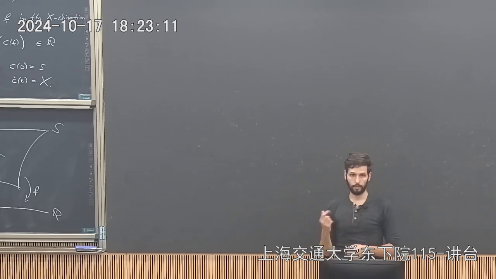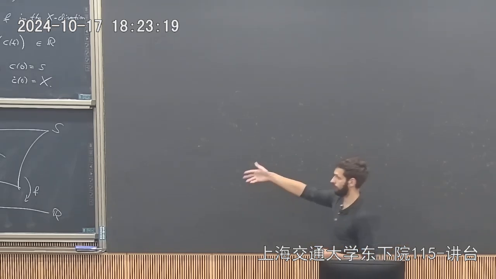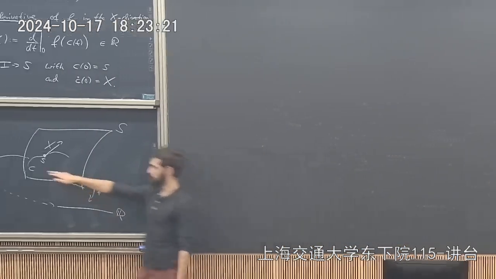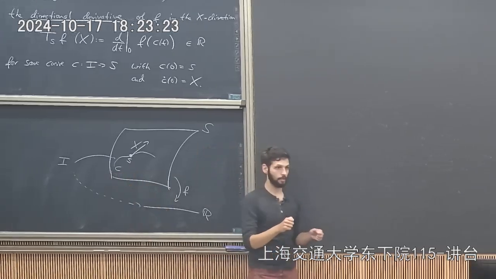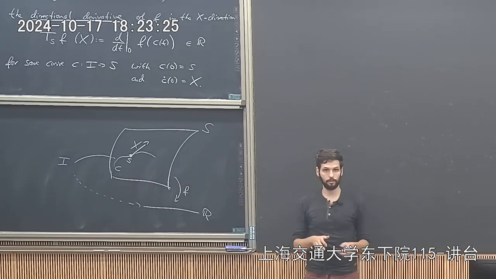So that's where you need to give a direction. Maybe you can view that as a small ant that walks up the mountain, and then it says, okay, how much does the height change as I walk up the mountain.